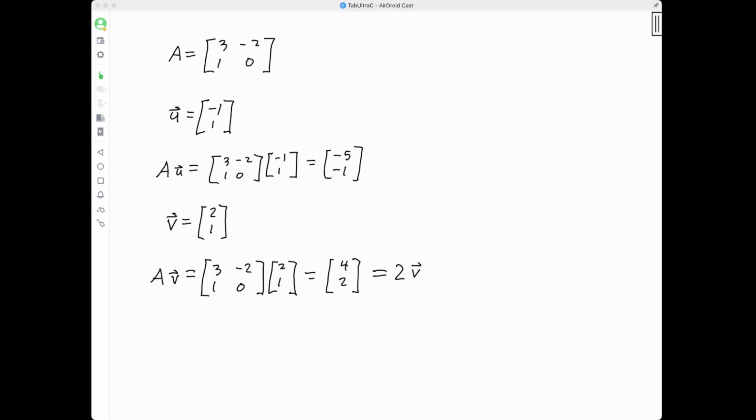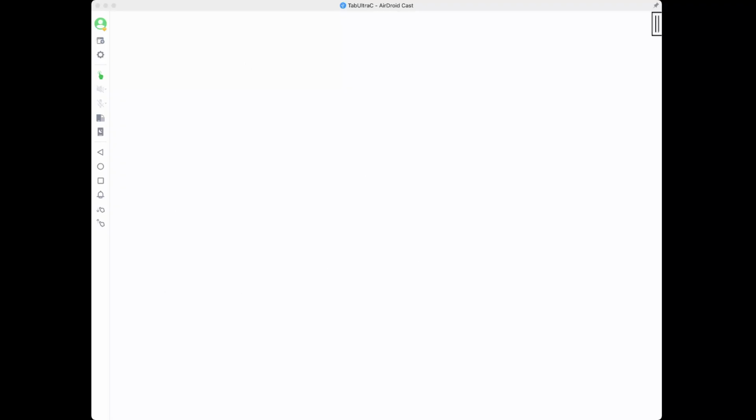Now, this does not happen in general. As you saw with u, it did not happen. However, this leads to a definition, because there are some vectors for which some matrices do this kind of pure multiplication.